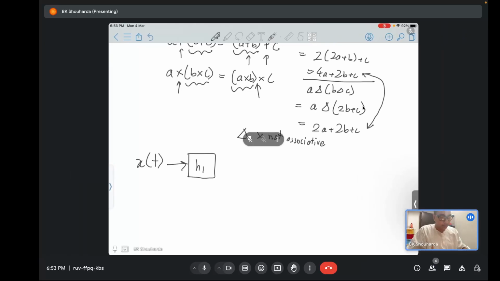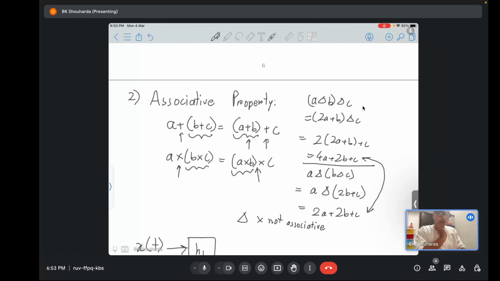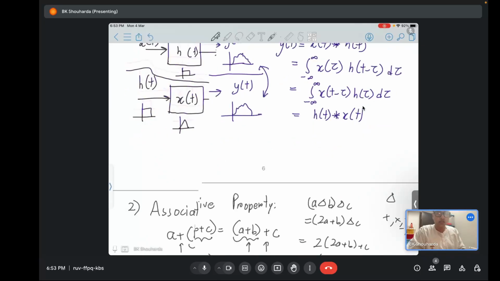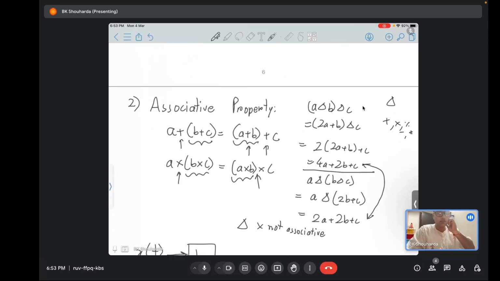The associative property in general holds for addition and multiplication, so I wanted to take an example to show what an operation means, just like addition, multiplication, division, subtraction, or convolution. I have defined this delta operator myself as an example to show you cases where associativity or commutativity do not hold. You can define your own operations. Is that clear? Yes. Thanks.